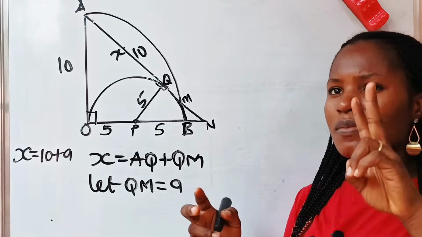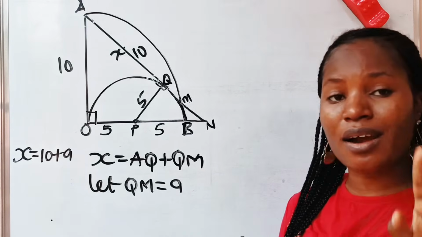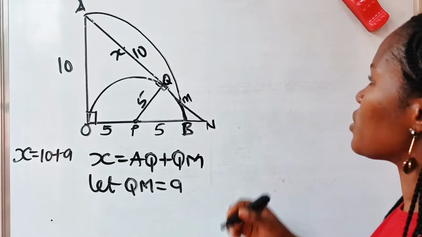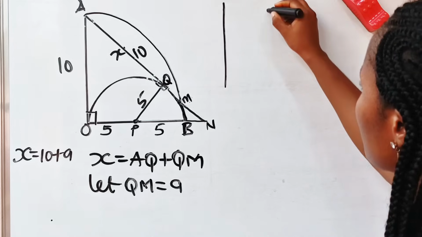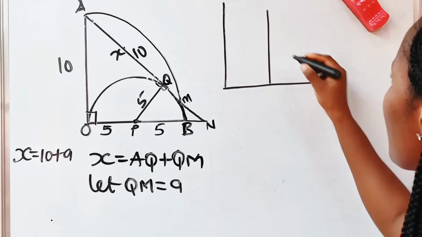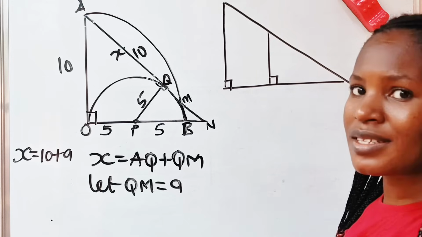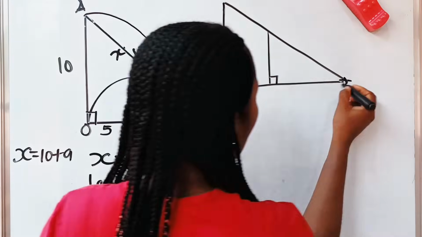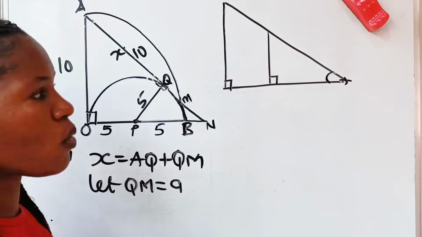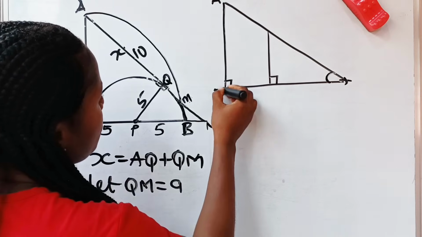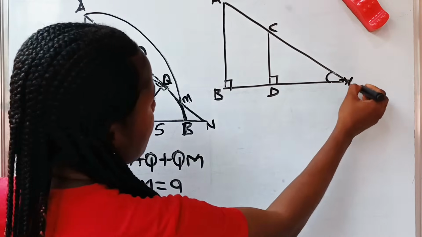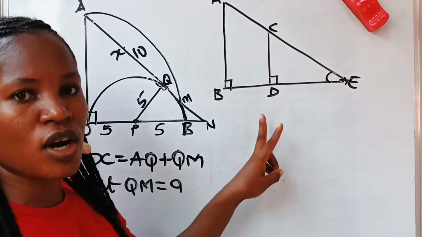How? Remember that two triangles are similar when both of them are parallel to each other. So for example, if I have this, as long as this is 90 degrees and this is 90 degrees and they have a common angle between them, so we have A, B, C, D, E. Now you notice that we have two triangles here.